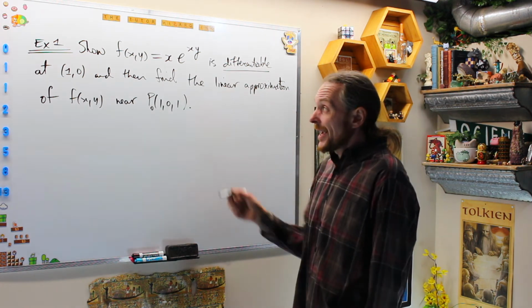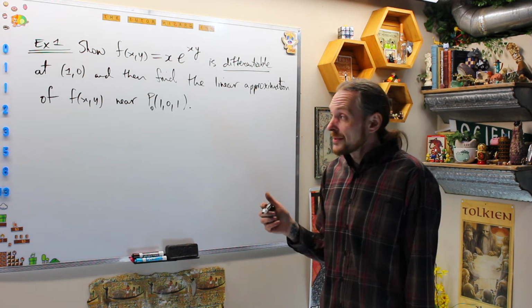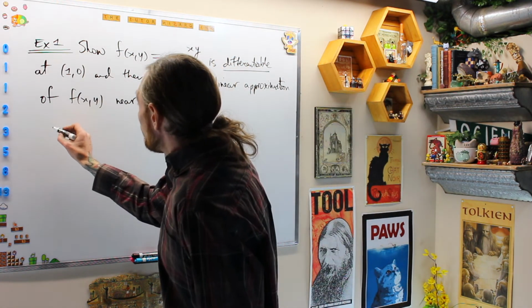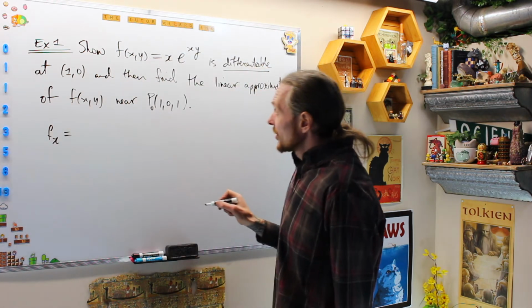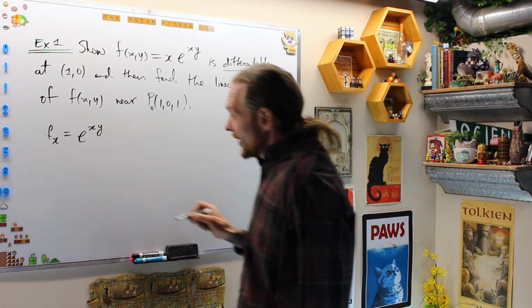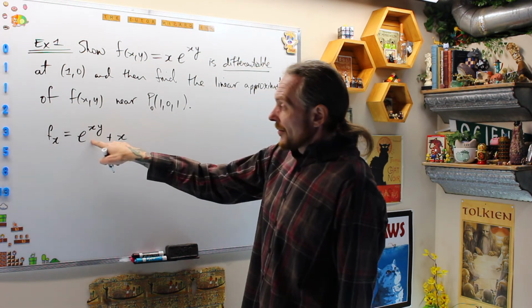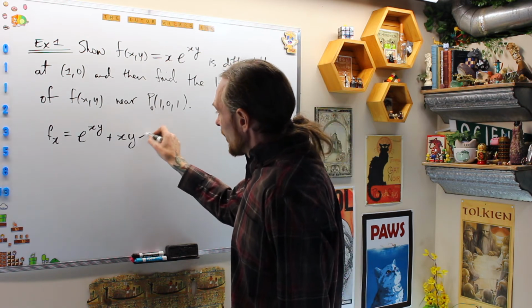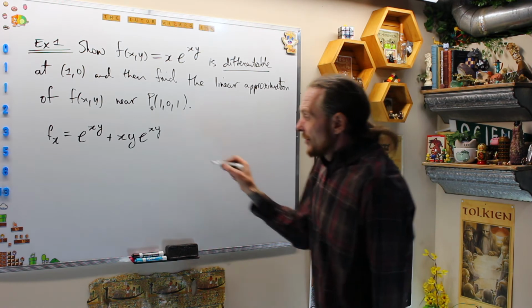I need to compute fx and fy, the partial derivatives, and show that they're continuous at (1, 0). We are going to get fx is going to be equal to the derivative of x, which is 1, leave that function alone, plus leave x alone, take the derivative of this guy, which is going to be that y.